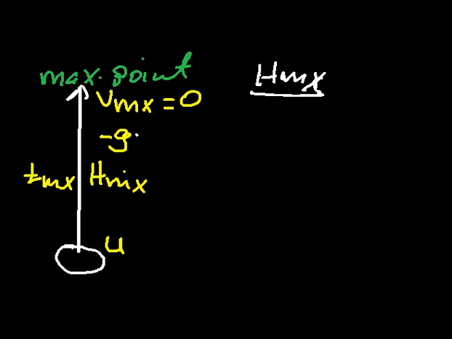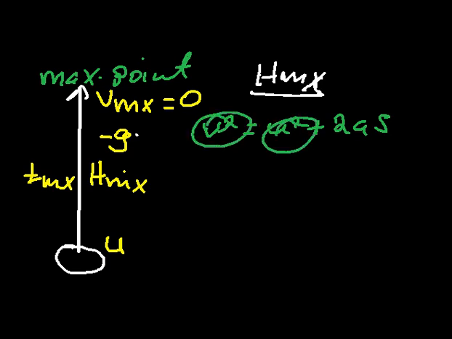The maximum height of the object is calculated using this equation: v squared is equal to u squared plus 2as. Here v is the final velocity, u the initial velocity, a the acceleration, and s the displacement. So what is this equation in free fall motion?